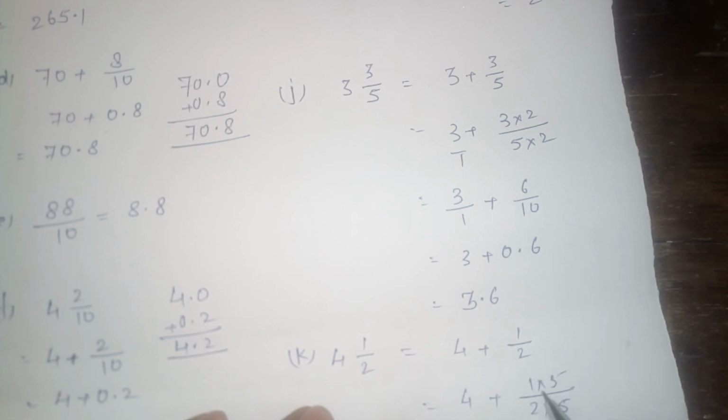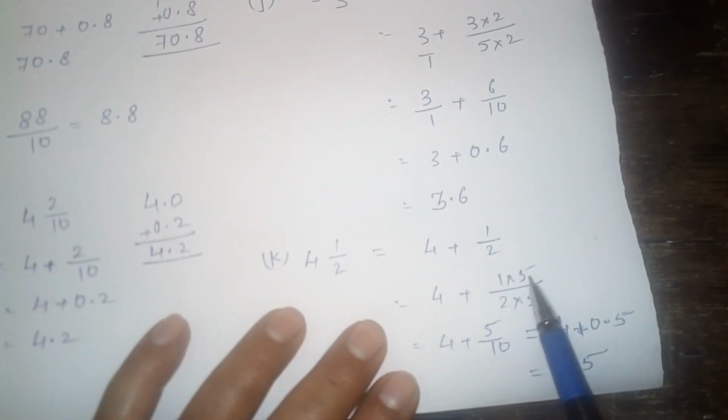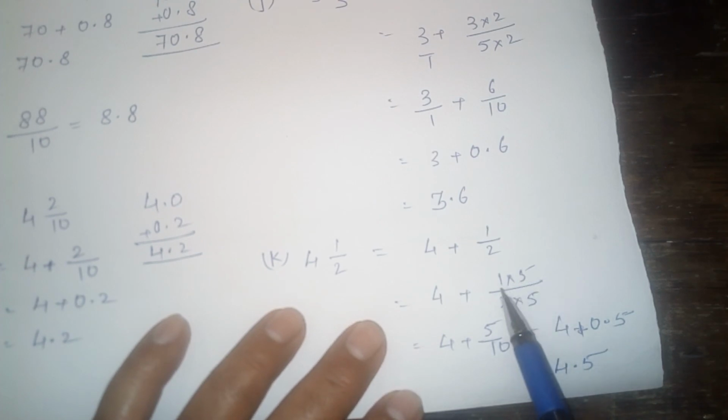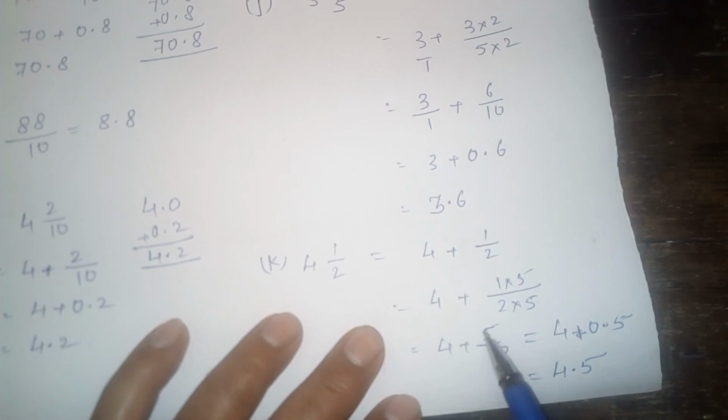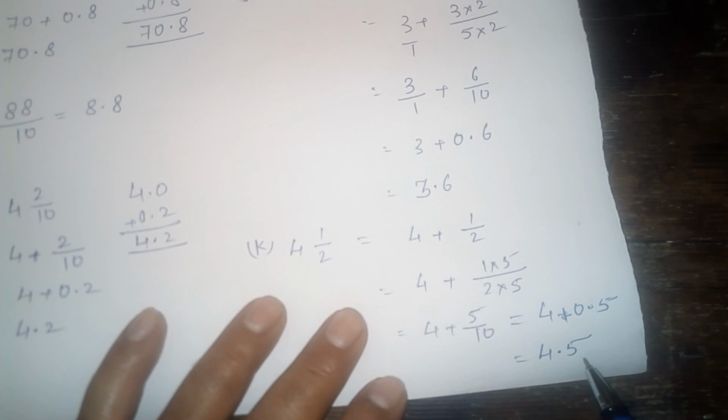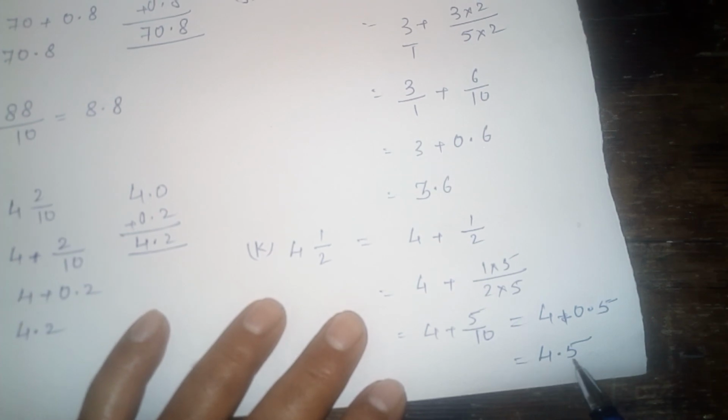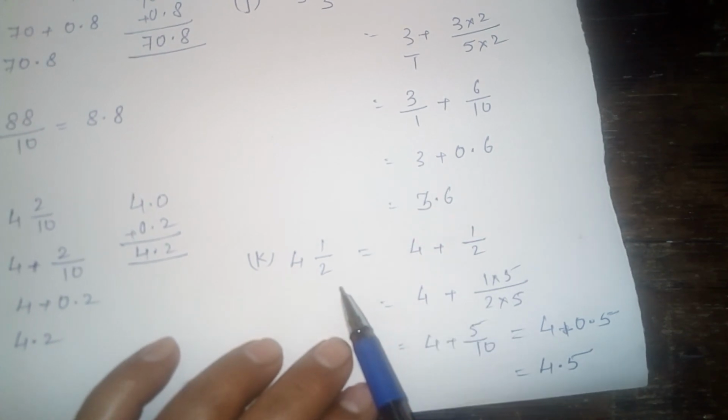So in numerator and denominator, multiply by 5. 1 into 5 upon 2 into 5. 5 ones are 5, 2 fives are 10. 4 plus 5 upon 10. 5 upon 10 means 0.5. After adding, you will get 4.5. So my dear student, 4.5 is the required answer of the given question.